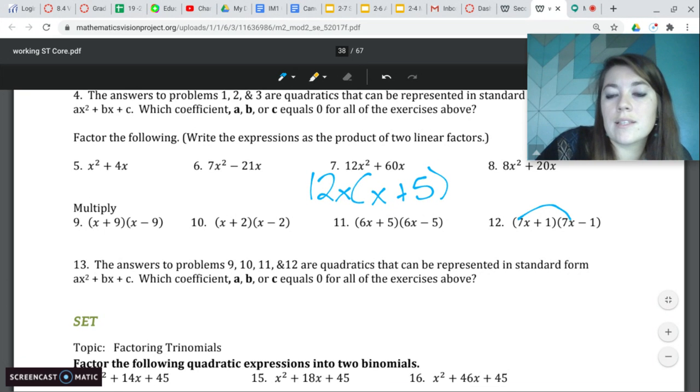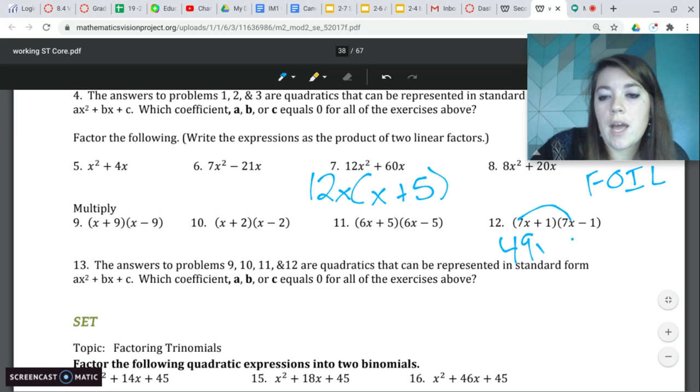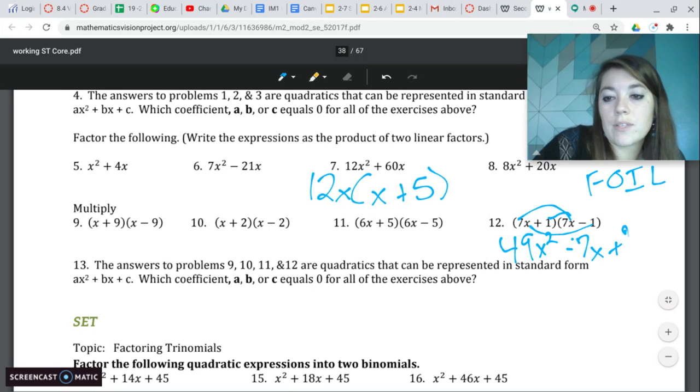So 7x times 7x. Remember, this is FOIL: first, outer, inner, last. So 7x times 7x is going to give us 49x squared. 7x times negative 1 is going to give us a negative 7x. 1 times 7x is going to give us a positive 7x.